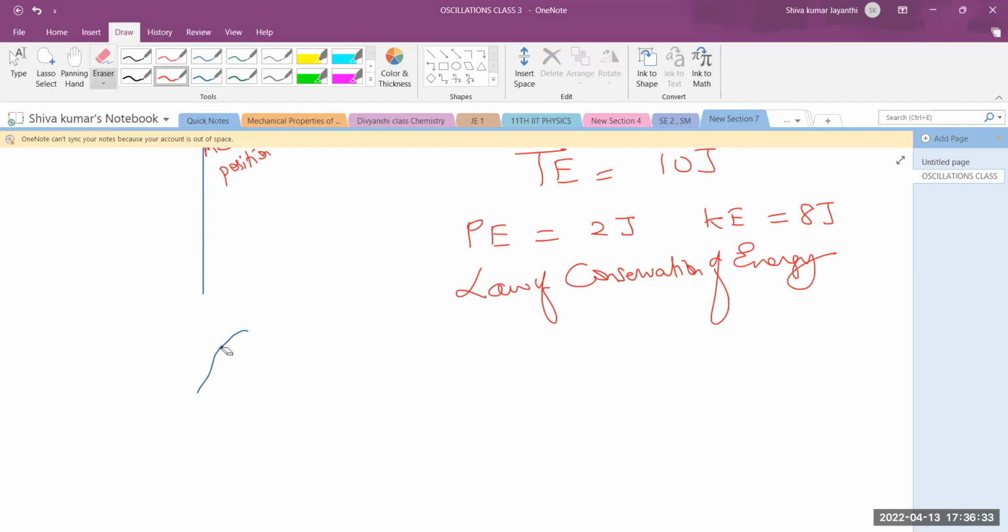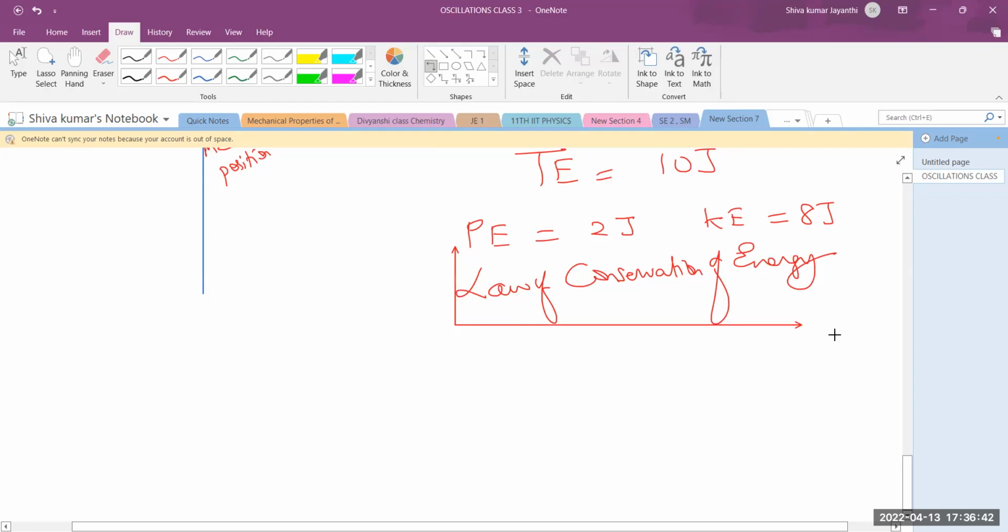Any physics system should and must obey the law of conservation of energy. Energy can neither be created nor destroyed. Energy is always constant in the universe.